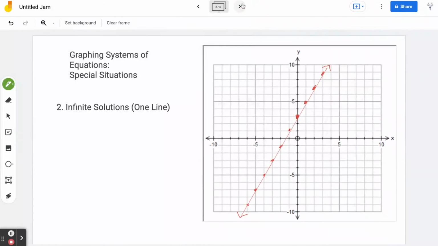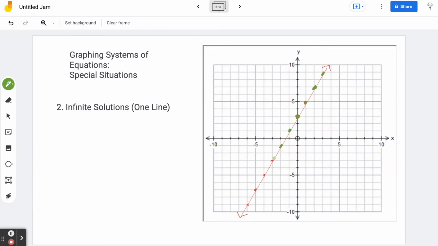Second situation that you might come across is where, however you go about graphing, whether you convert an equation into slope intercept form and do it by hand, or you plug the equation in online, you end up with two lines and it almost looks like you end up with one line, even though you know that there's two equations there.